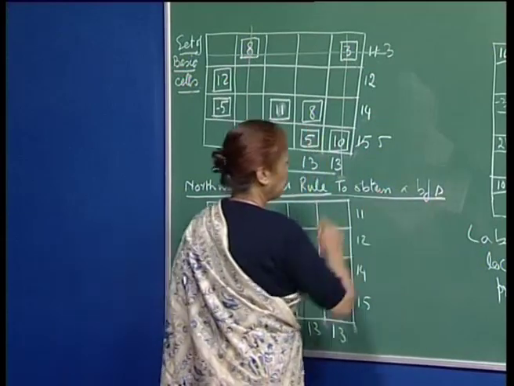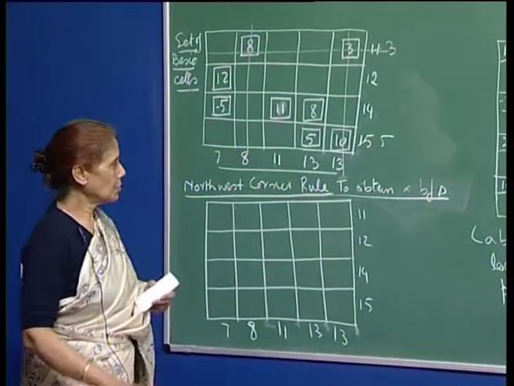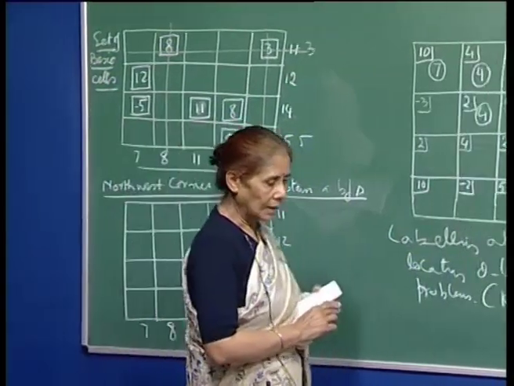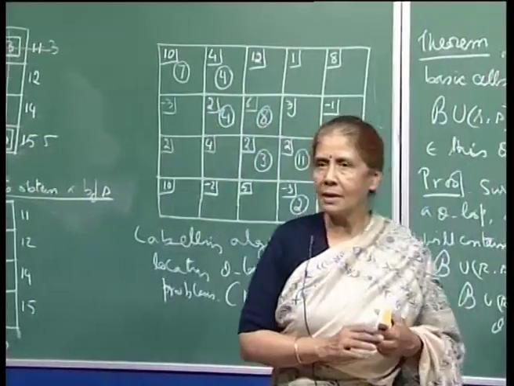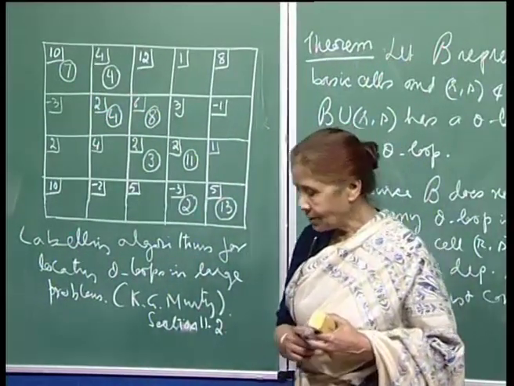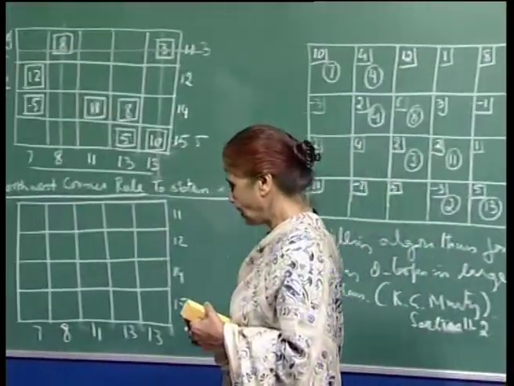So the next question is, how do we go about obtaining a starting basic feasible solution? And we do not need phase 1 or anything here, because of the structure. We are exploiting the structure, and you see how simple it is to obtain a basic feasible solution.